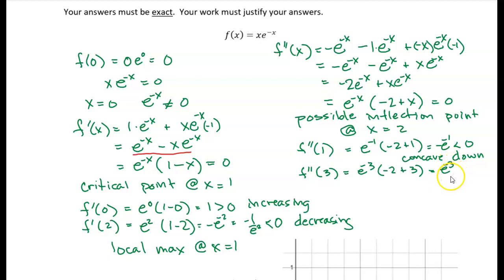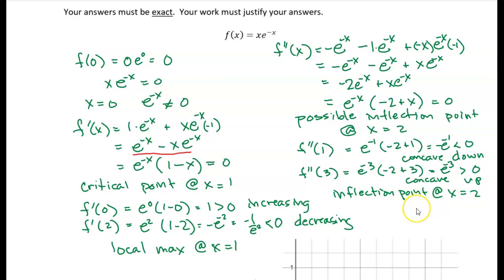E to any power is always positive, so this is greater than 0. So that means it's concave up. So there is a change in concavity. So there is an inflection point at x equals 2. Okay, we've confirmed that there is an inflection point.